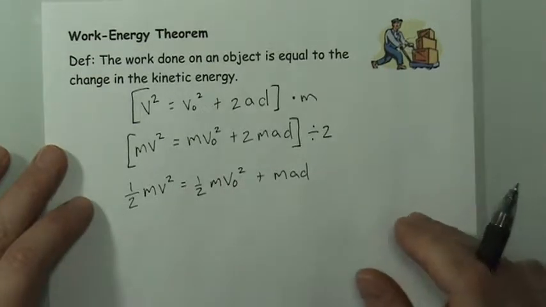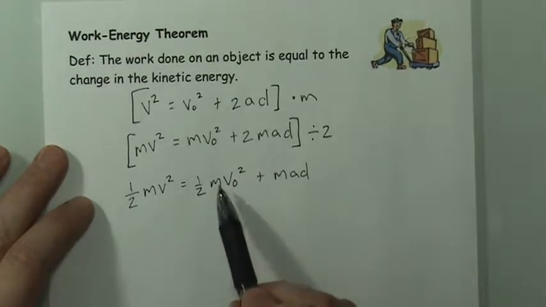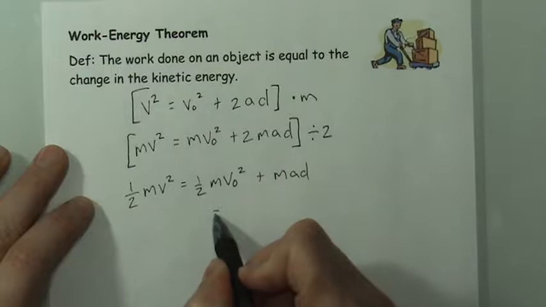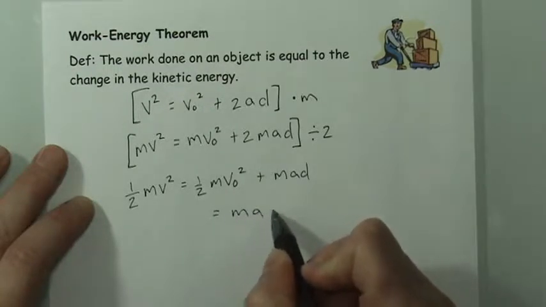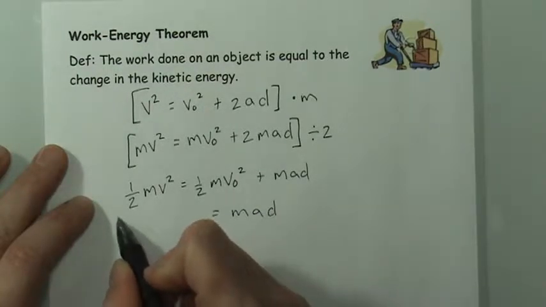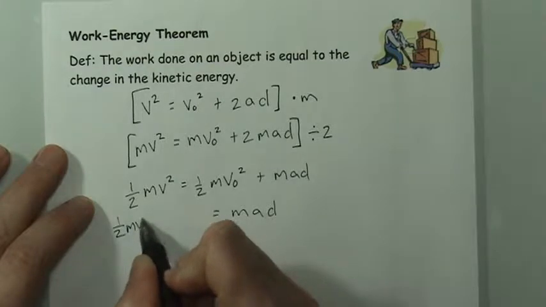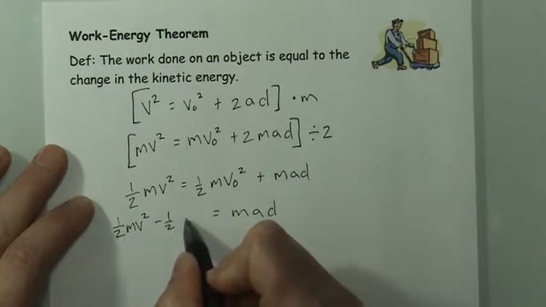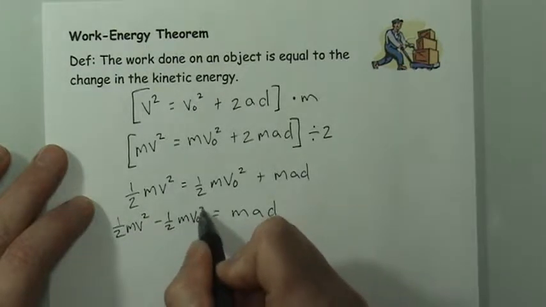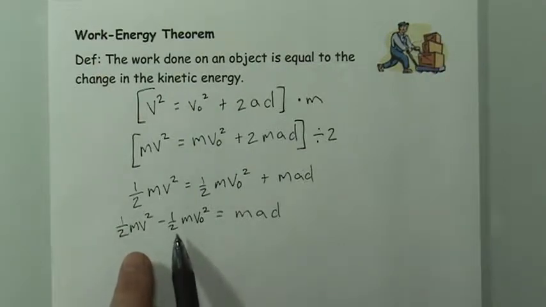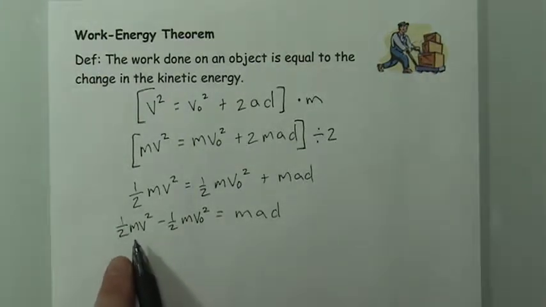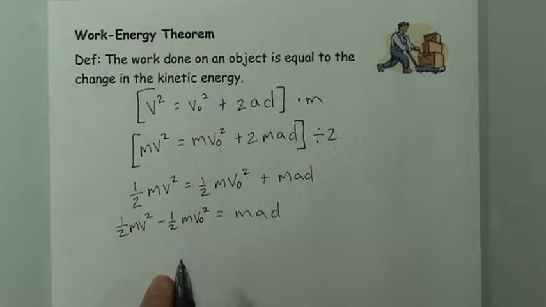Okay, and now there's just a little bit of cleaning up. I'm going to move this over to the other side, leaving the mad, and on this side 1/2 mv squared minus 1/2 mv naught squared. So there you can see the change in the kinetic energy. Here's my initial kinetic energy, and here's my final kinetic energy.